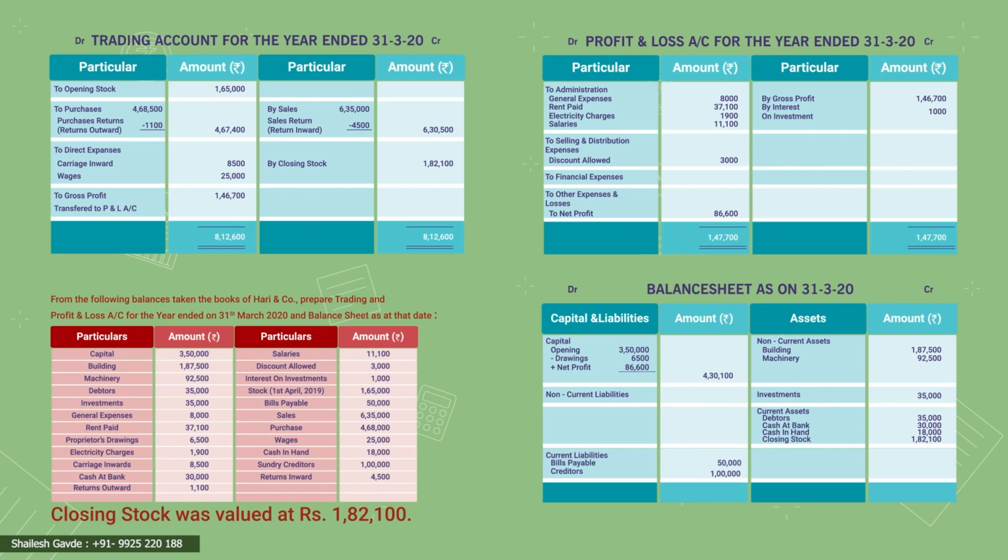We'll write on outer column balance sheet liability side, and then if we take the total of liability side, it comes to 5,80,100. And if you take the total of asset side, you'll get the same total, 5,80,100. So your balance sheet will tally.